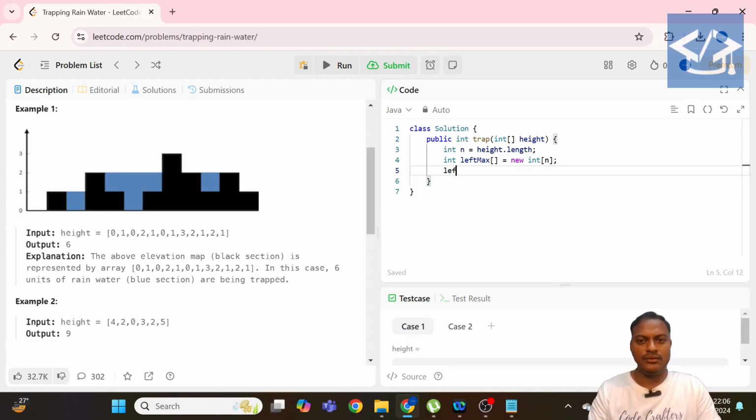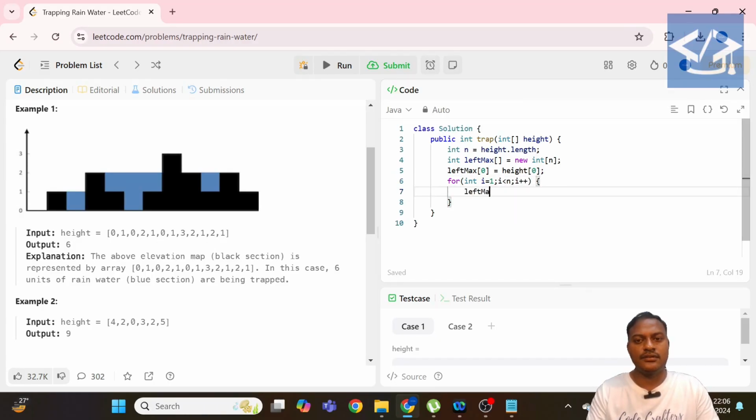So leftMax of 0 will be height of 0, and we calculate from the first building onwards. LeftMax of i will be Math.max of the leftMax so far, which is leftMax of i minus 1, and the height of this tower itself. With this we can calculate the left maxes.